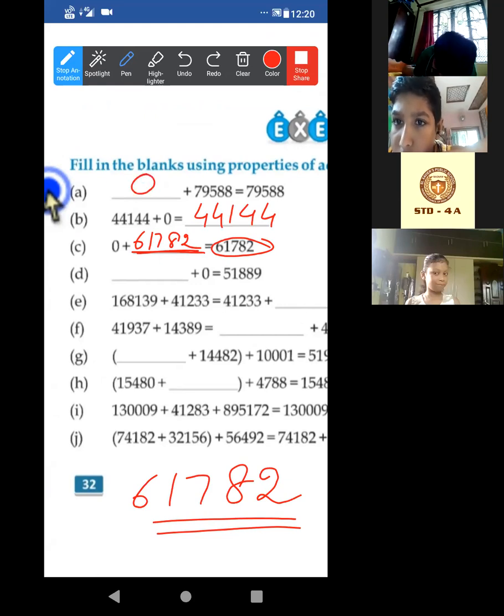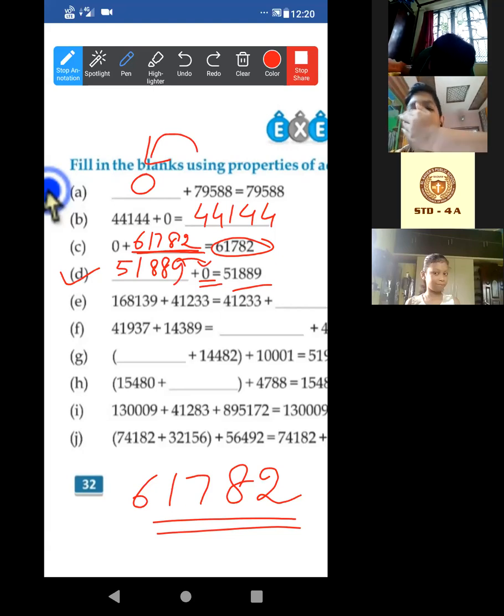Property of 0. Now number D, again it is also the same. I told you it doesn't matter in which way we are adding, on the left side or on the right side. Look, it will be 51,889. Property of 0. Up to D, I think all of you done. These are property of 0.